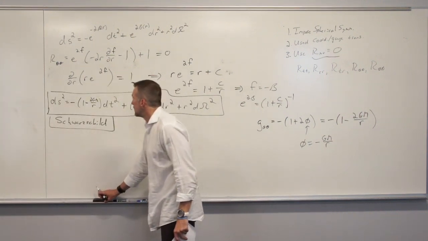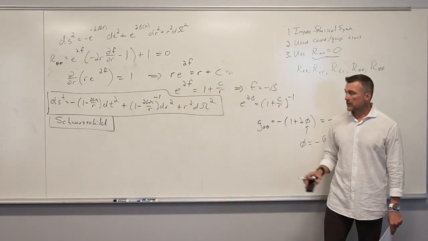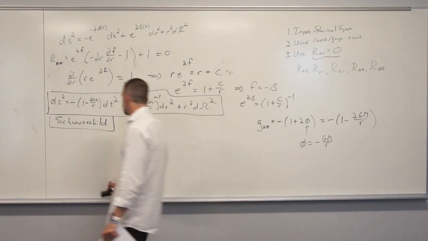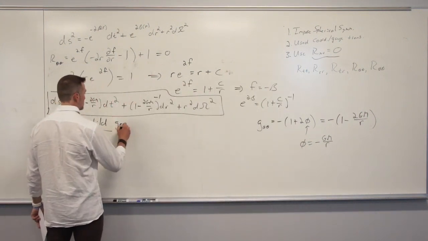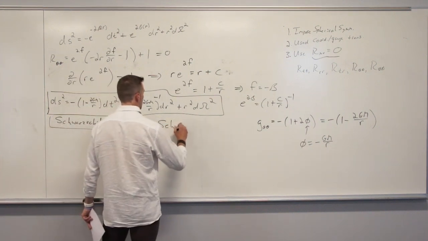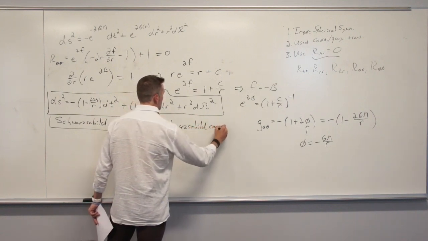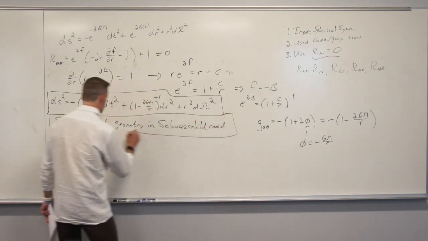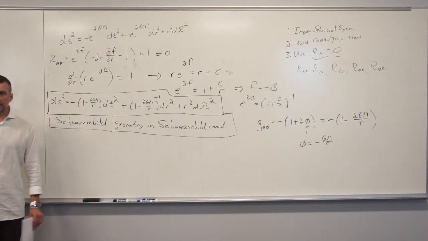Now, this geometry described by this metric in these coordinates, these are of course called Schwarzschild coordinates. Okay, is something we're going to play with for the next several topics.